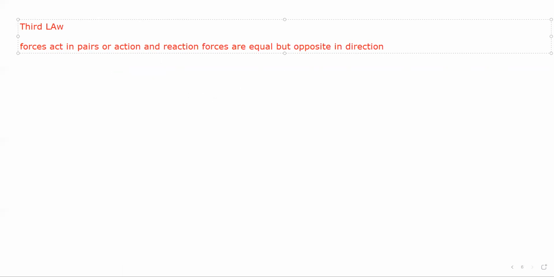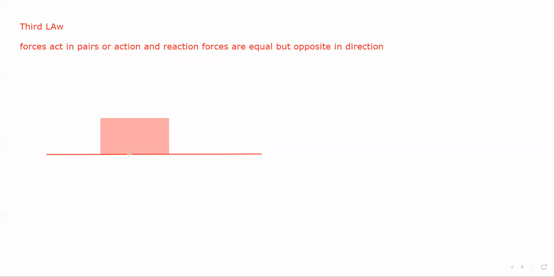It means, for example, an object is on the ground. If the object is on the ground, there is a downward force, the gravitational pull, and because of that downward force, there is a downward force by the object onto the surface.